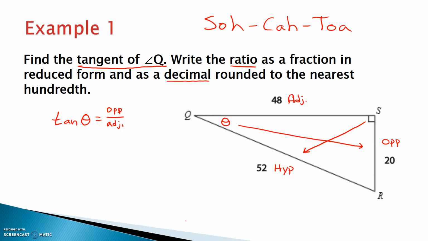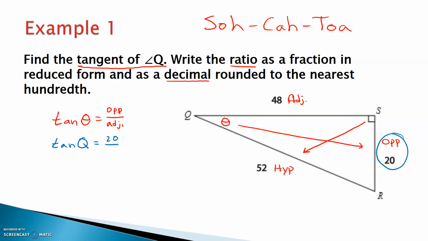Where was I standing for this problem? I was standing at Q. So I'm going to say tangent of Q is equal to, and I want to use the actual letter here, what's my opposite value going across? That was 20. What was my adjacent side?